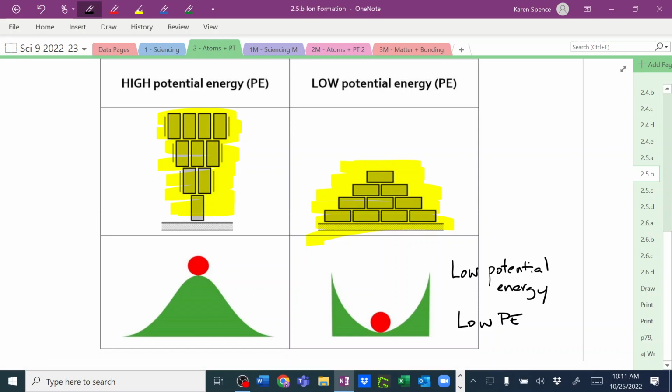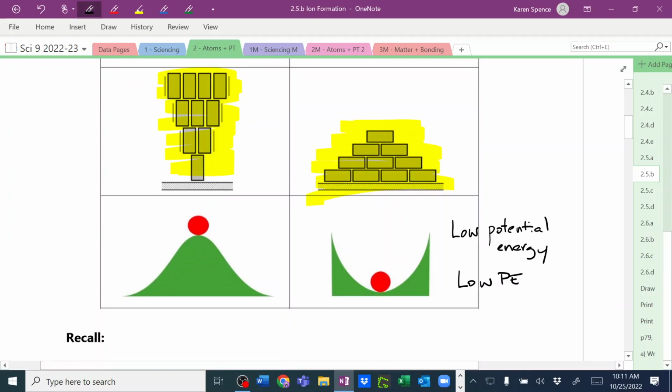PE is much easier to write. Over on our other side, we have high potential energy. This is unstable. Low potential energy is stable. You're going to hear these words a lot. They're super important in both chemistry and physics.